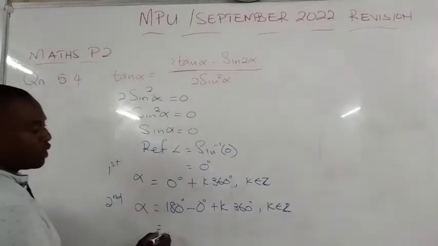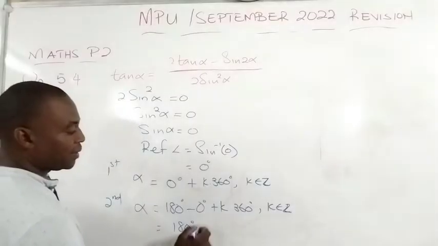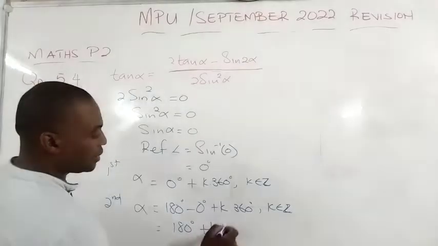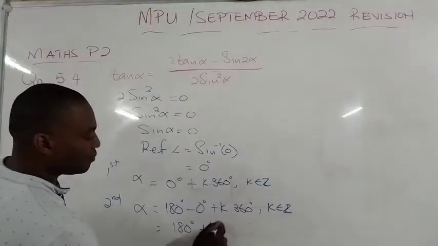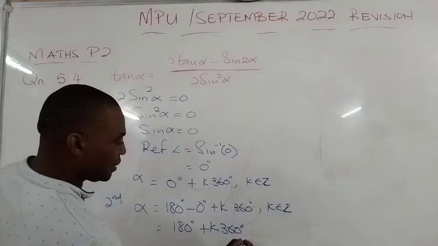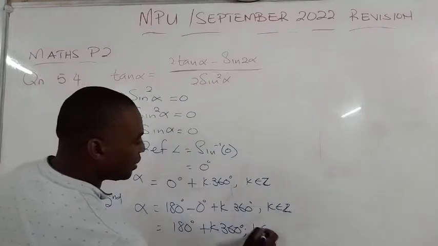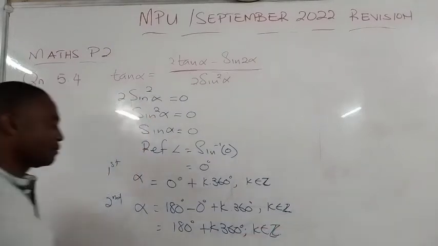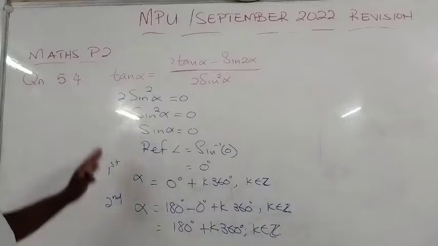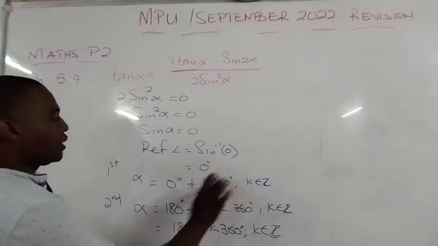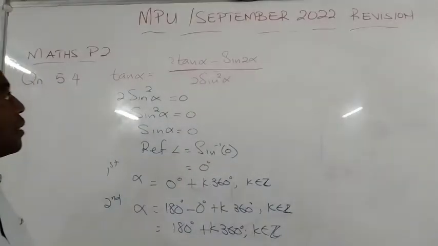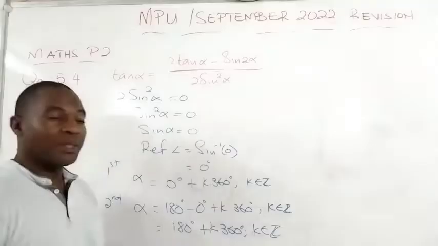And the difference here is 180 degrees, then plus k times 360 degrees, where k is an element of integers. So for these values of alpha, this identity will not be defined.